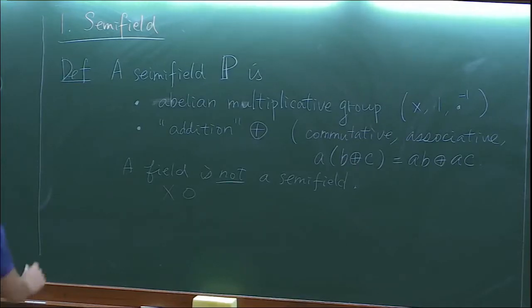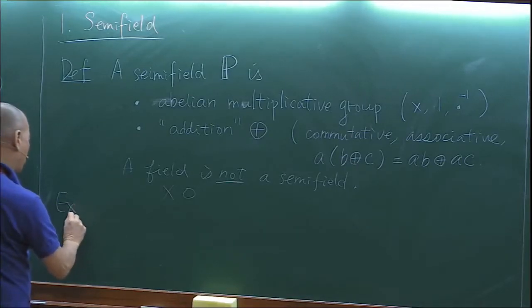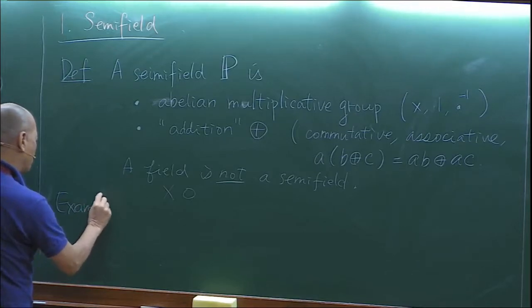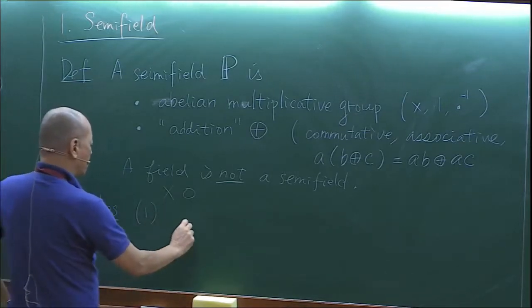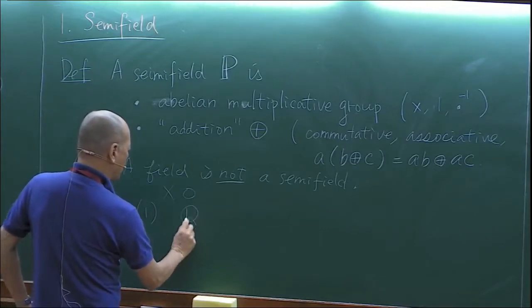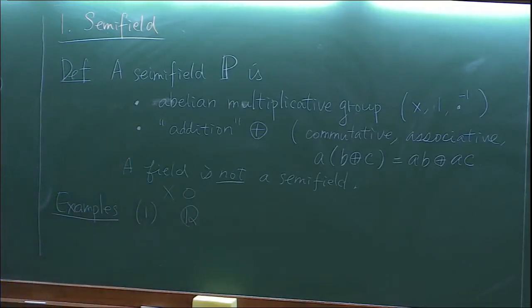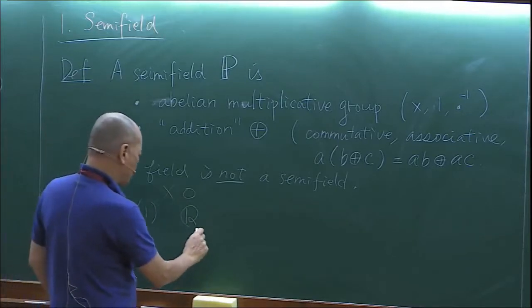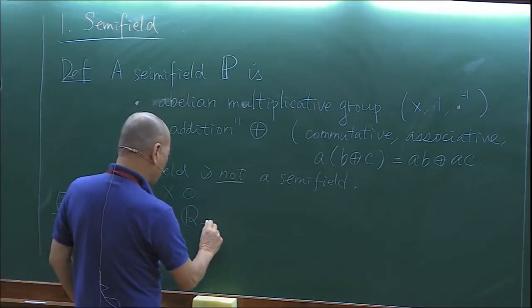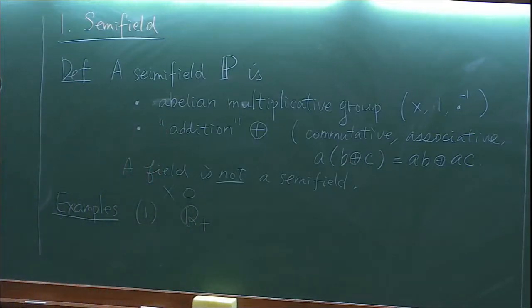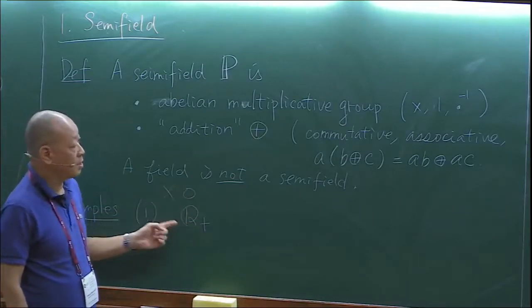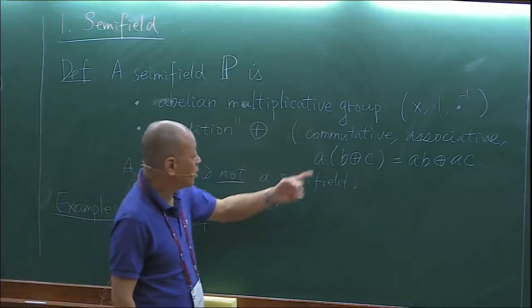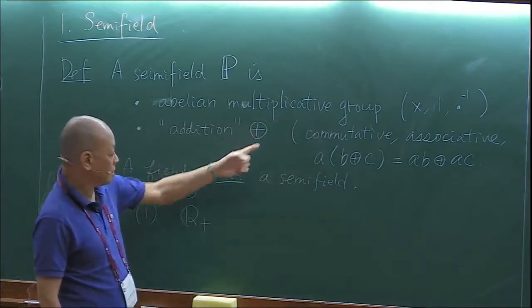So I give several examples which I'm going to use in my lectures. The first natural example is a subset of the field of rational functions, I mean, the positive ones. You drop 0, and this is closed under multiplication, and also you can add, and that's it.